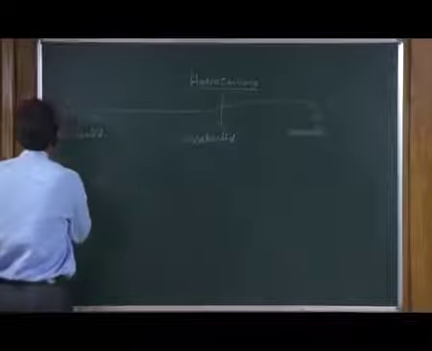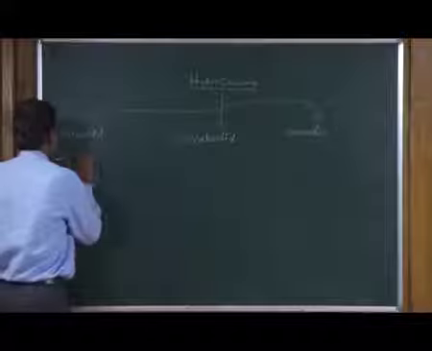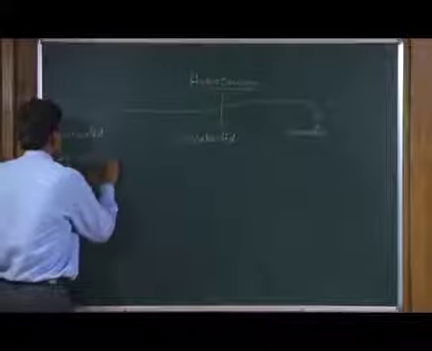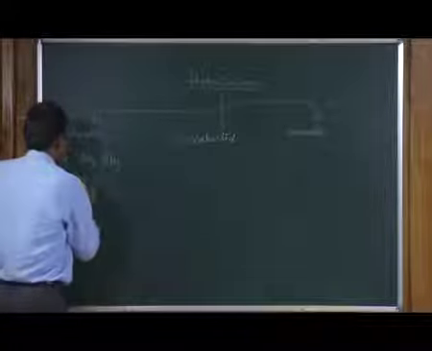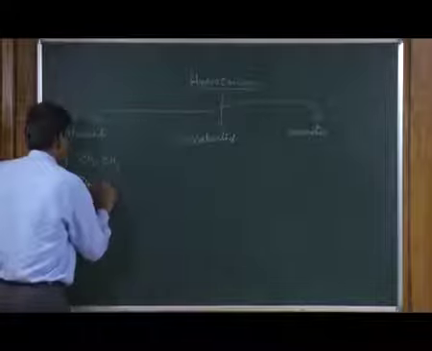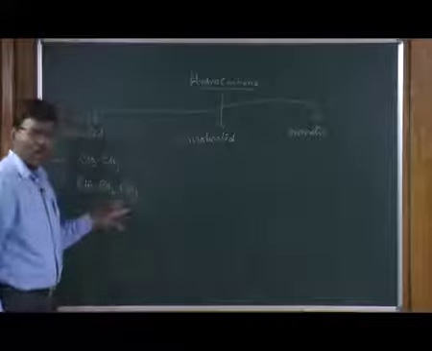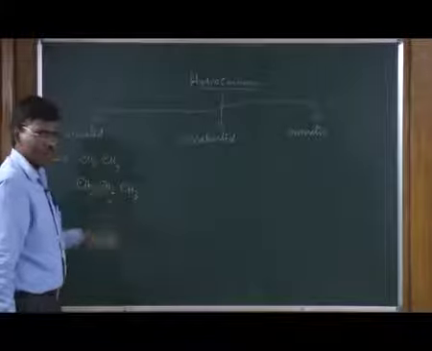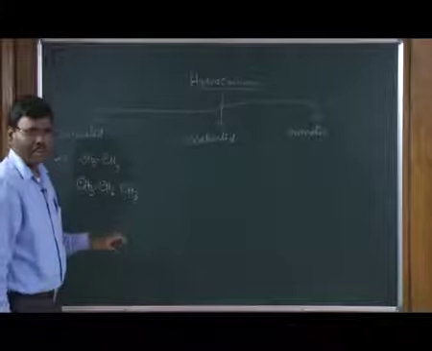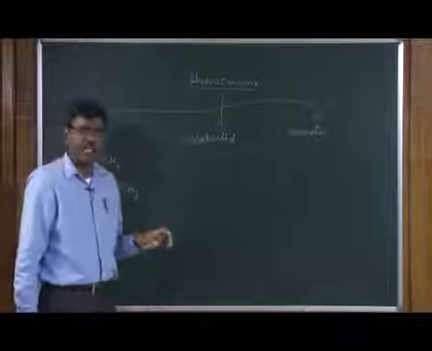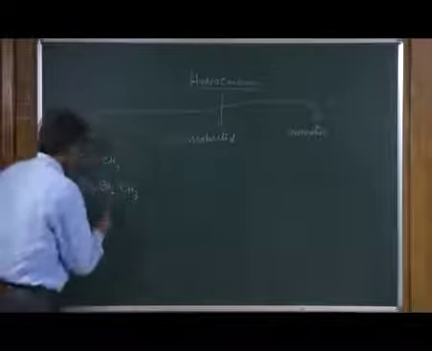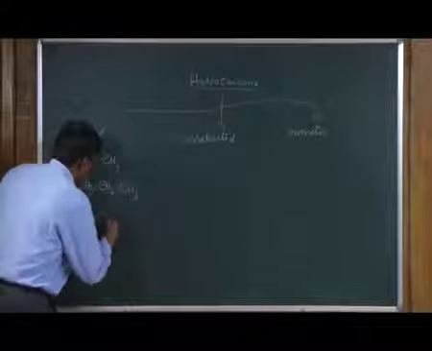Examples of saturated: we have just seen ethane, propane. If you look at these molecules, they have carbon-carbon single bonds. The hydrocarbons that contain carbon-carbon single bonds can be linear, and they can also be cyclic.